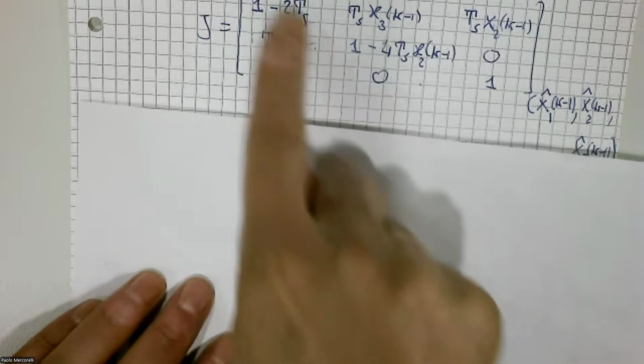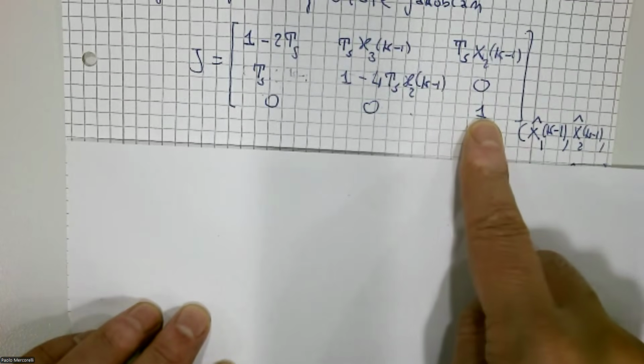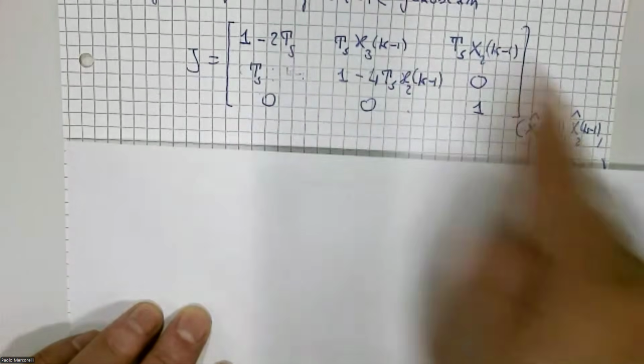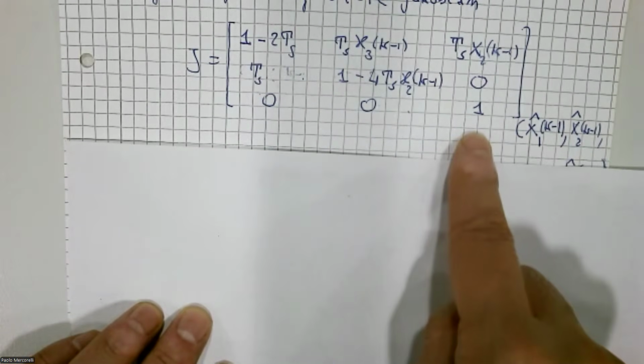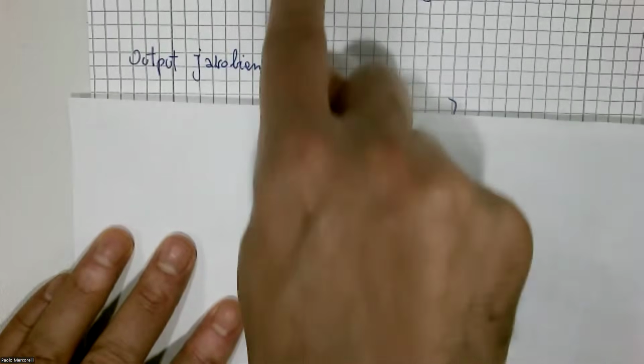Look, here we have 1, 2, 3, 4, 5, 6 elements not 0. It is not quite a sparse matrix. This means 6 divided by 9. Here, half of the elements are not 0.